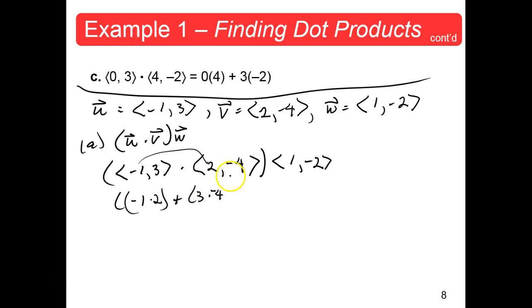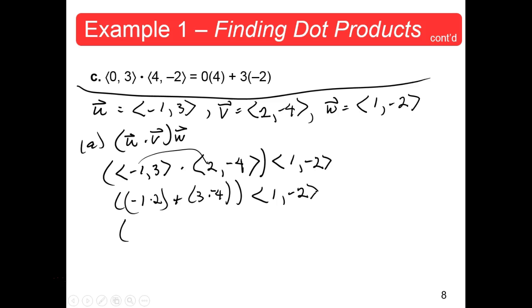Okay? Now I'm putting the dot in there. That's not a dot product because these are just numbers, but I'm just putting it there so you can see what's going on here. So the first, and then this thing will multiply by 1, -2 at the end.